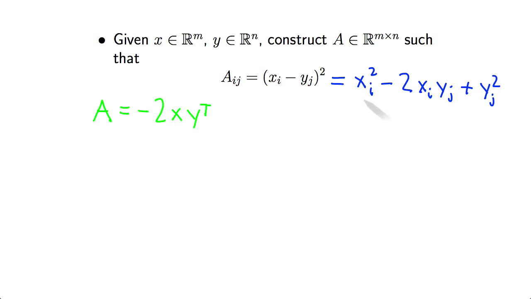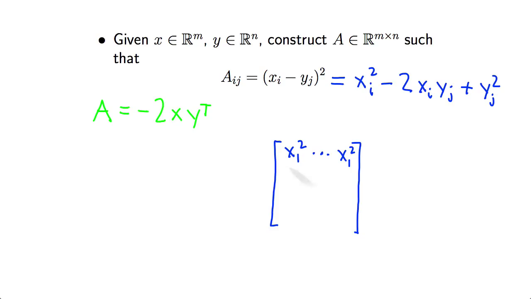Now let's look at this term here, which is a little bit trickier. What we want is a matrix where for all the different columns, in the first row it would be x1 squared for all the different columns, because here the ij element of A has xi squared regardless of what j is.